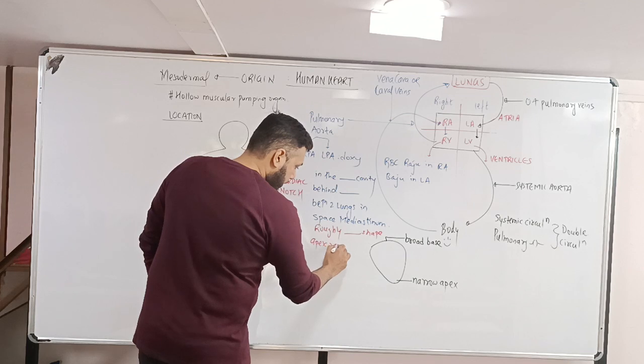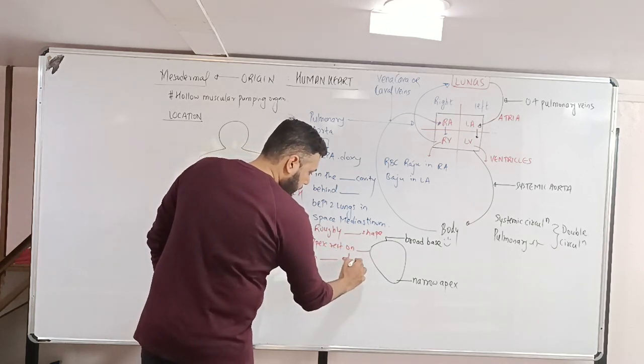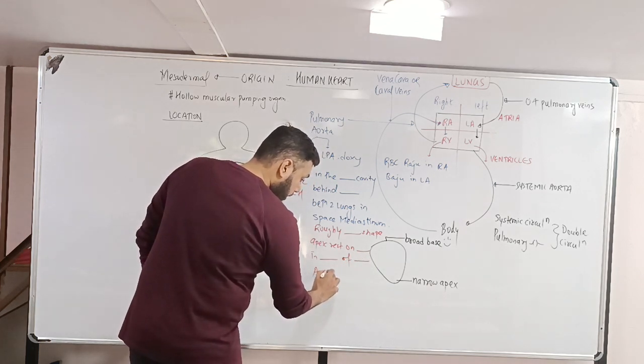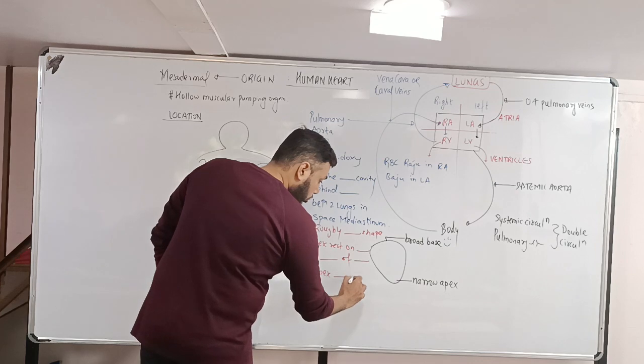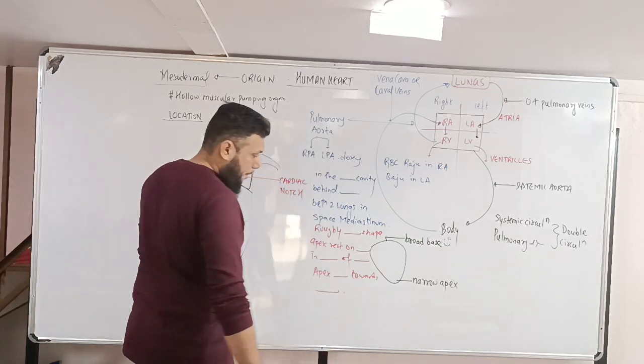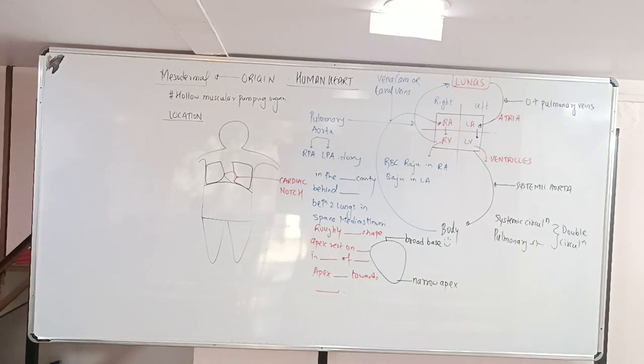The apex will rest on the diaphragm in the cardiac notch of the left lung, and the apex is tilted towards the left side. That is why people think that the heart is on the left side. Sure, kids?